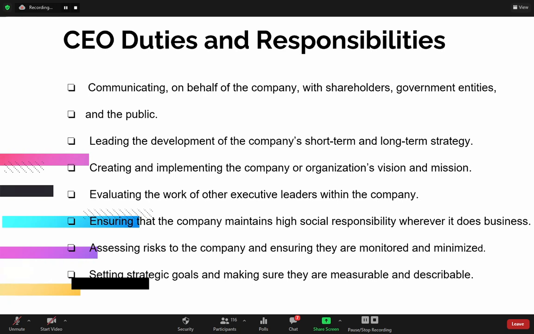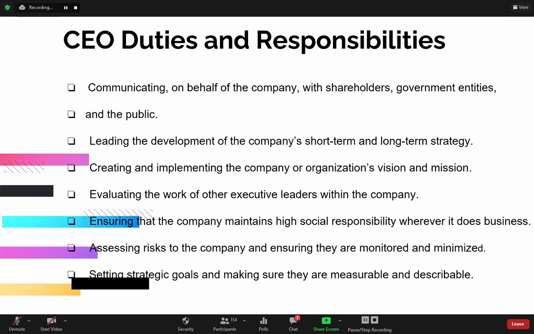Another one of the duties and responsibilities of a CEO is creating and implementing the company or organization's vision and mission. So he's a visionary such that he ensures staff and the board have sufficient and up-to-date information. He or she also evaluates the work of other executive leaders within the company.